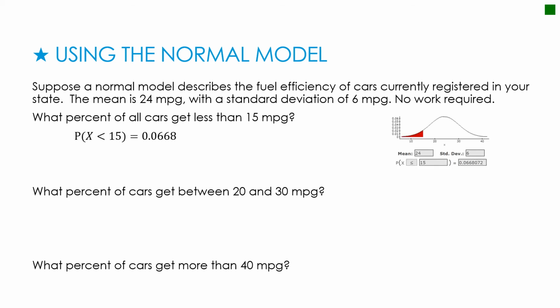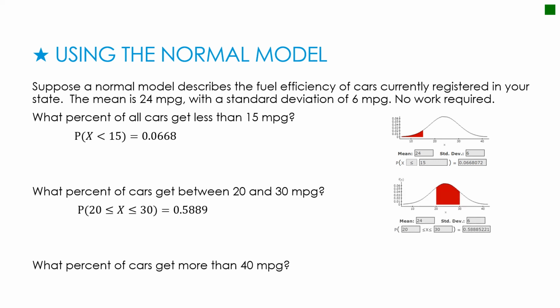And so let's take a look at what the screenshot looks like. Again, here I'm using 24. Here I'm using 6, and that came from the mean and the standard deviation. I had to change them because I wasn't using a z-score. And so now I found the probability that x is less than 15 is 0.0668.